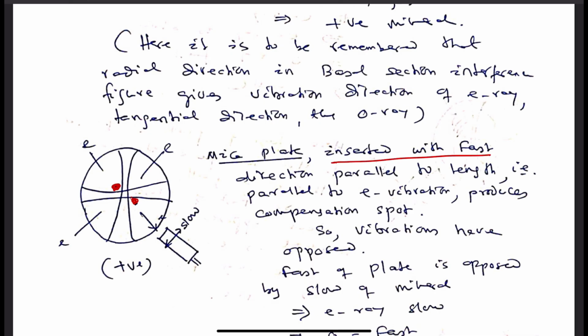So here the mica plate has been inserted with its fast direction. This is fast, and these quadrants into which the fast has been pushed show fall, show compensation. That means the fast of the plate is coinciding with the slow of the mineral.